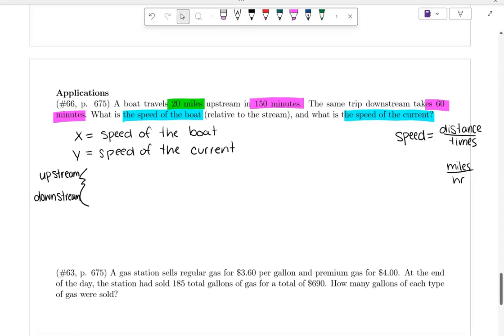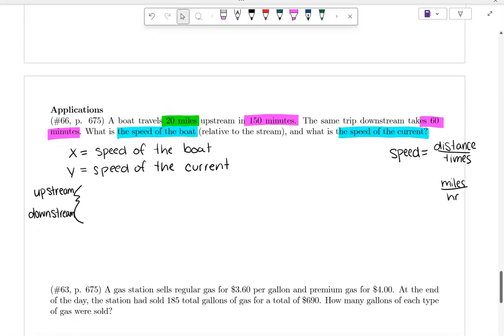Okay, so then when we are going upstream, and if the current's going this way, we're fighting against the current, right? So we're going to have to take our speed of the boat and subtract the speed of the current to get our speed because you're fighting against it. So we'll just get x minus y is equal to, and it's going to be the speed. So we have distance divided by time.